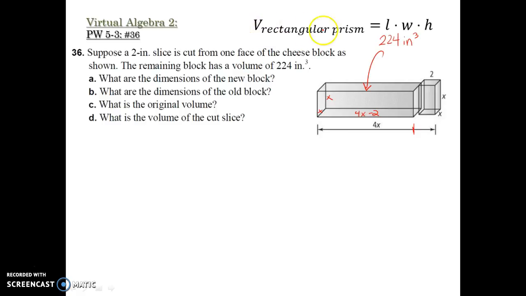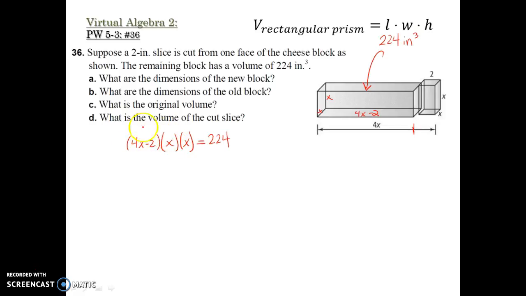So the volume of the rectangular prism, this one here, is length times width times height. So 4x minus 2 times x equals the volume that they gave us, which is 224.